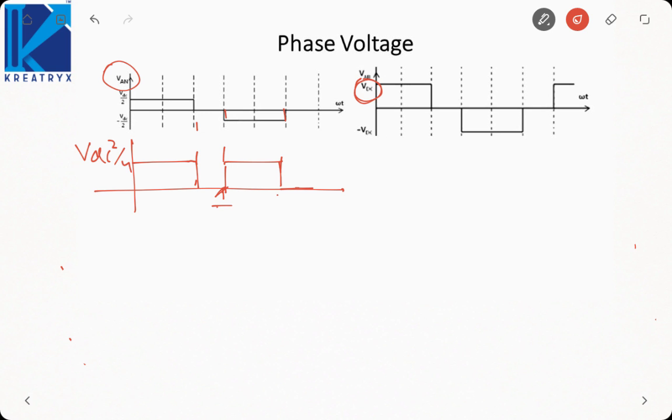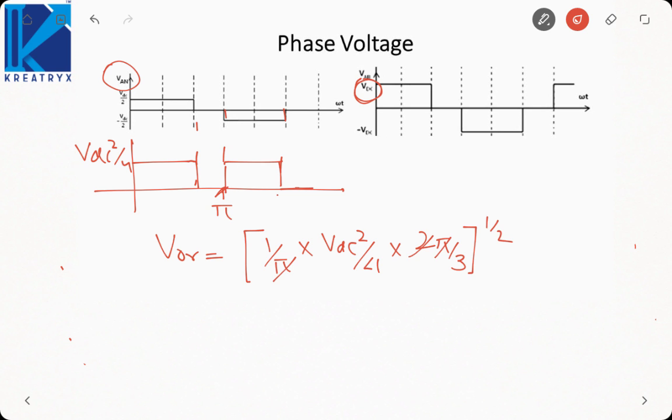So its period becomes pi. So V0 RMS is 1 by pi, VDC square by 4 into duration is 2 pi by 3 actually. So it comes out to be VDC by root 6.